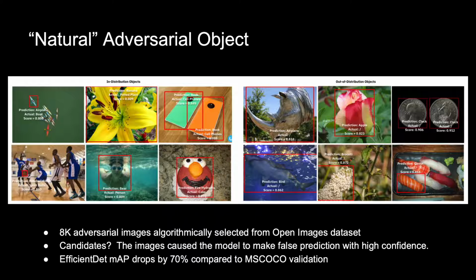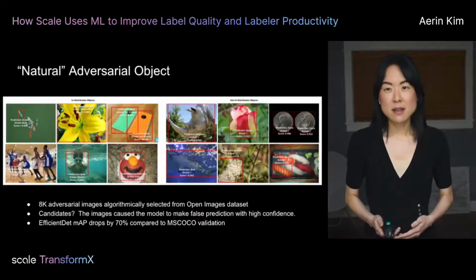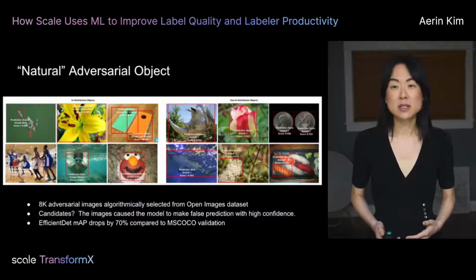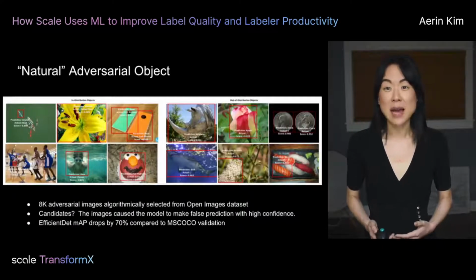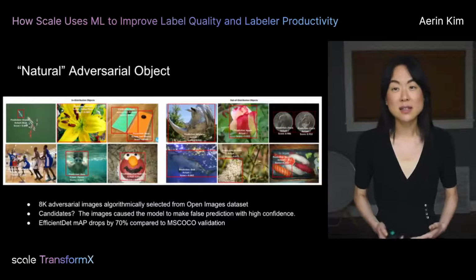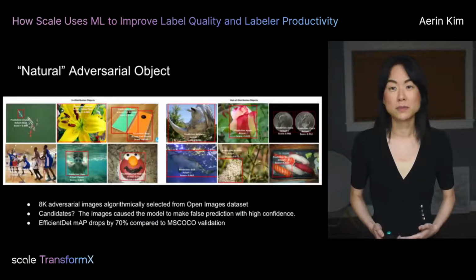Natural adversarial object, on the other hand, is called natural because it's an unmodified image. So there's no intentional noise added to the image. So how do we collect these 8,000 naturally occurring adversarial images? We ran the model inference, the efficient DAT, on open images, a dataset of 9 million images, and collected images that broke the model.